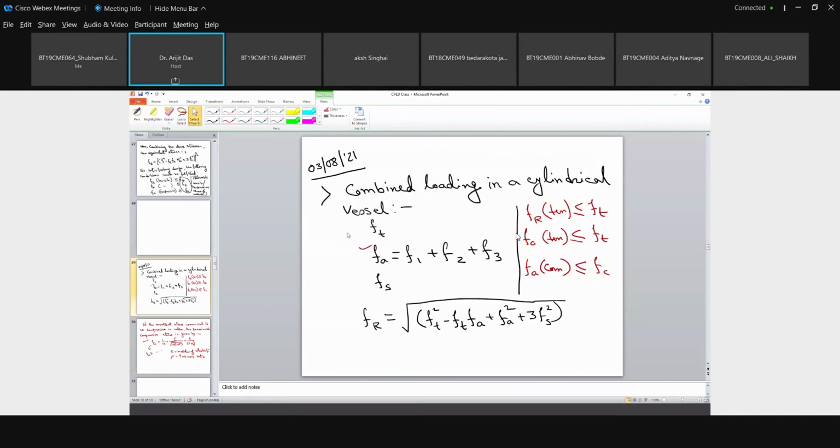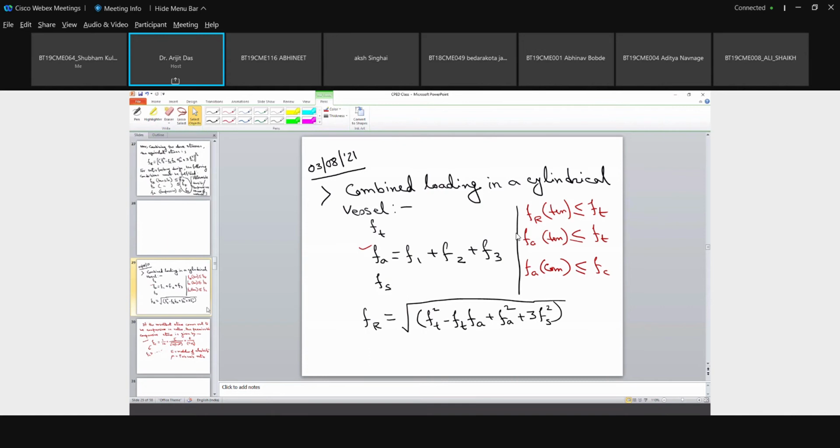One is that Fa, the axial stress, should be less than or equal to the tensile stress of the material if it comes out as tensile, and less than or equal to the compressive stress of the material if Fa comes out as compressive. And the resultant stress Fr should be less than or equal to the tensile stress of the material if it is tensile in nature.